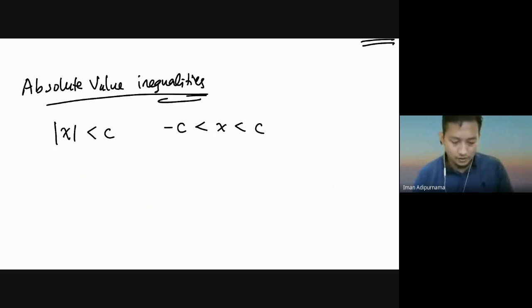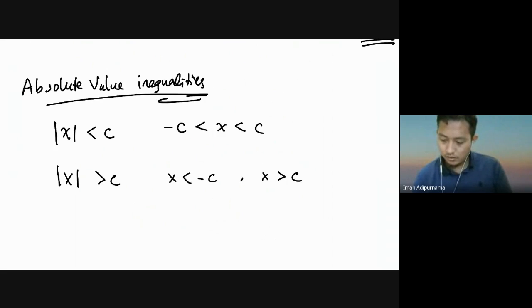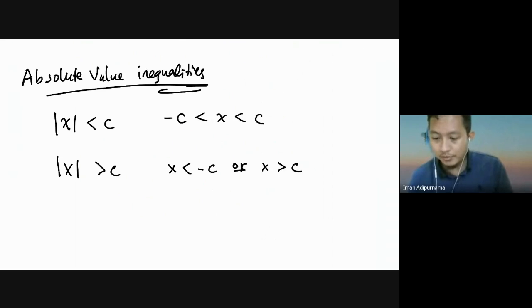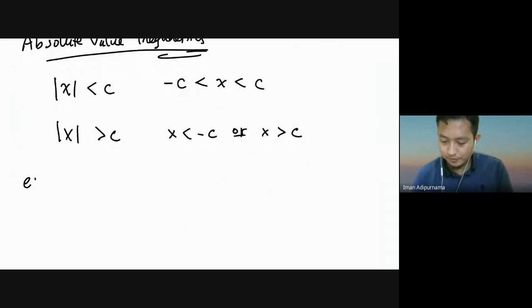And if this is greater than c, then this will be or. Okay. I think it's better to just go to an example of absolute value and see what we can do from this example.